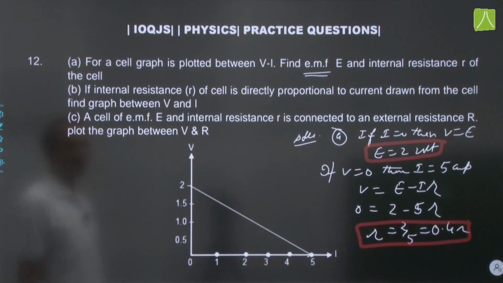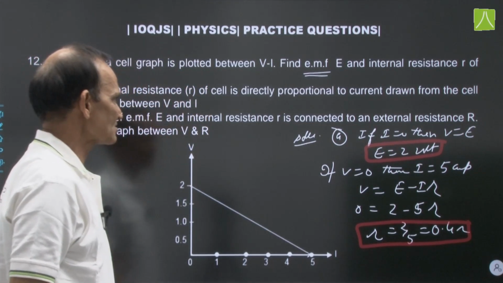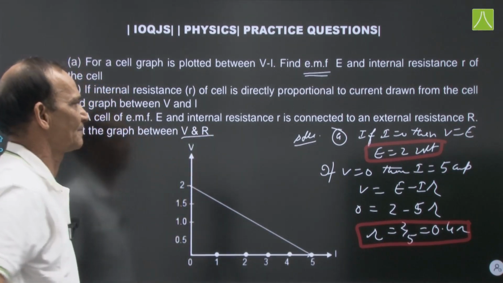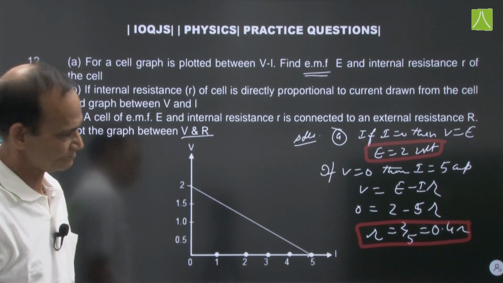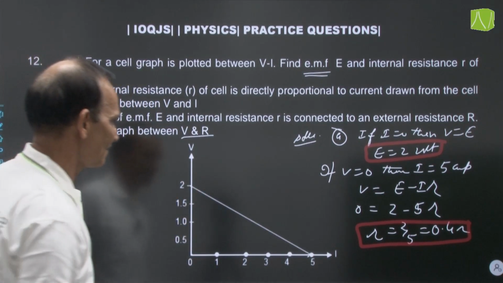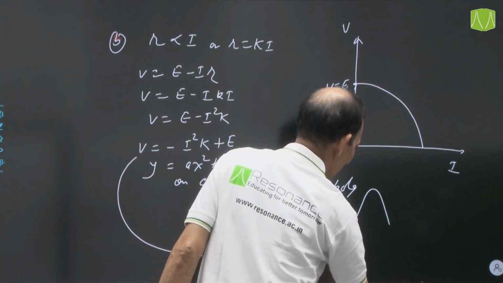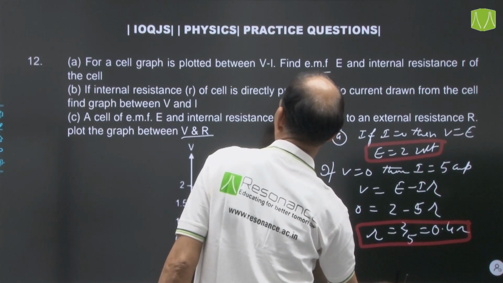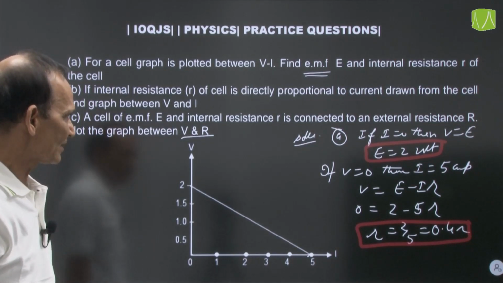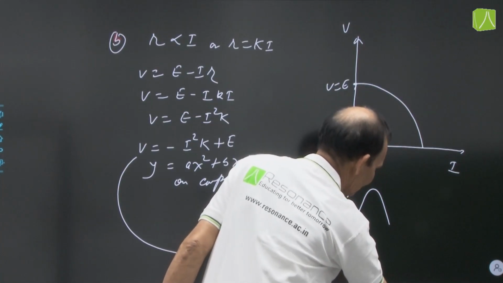C part is: a cell of EMF E and internal resistance r is connected to an external resistance capital R. Plot the graph between V and R. Remember, you have to plot the graph between V and R. How will it look? Can you solve it or not?